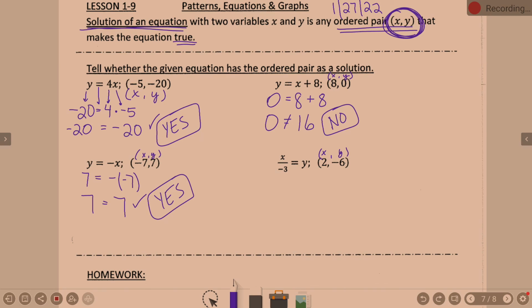What am I putting in for x? 2. 2 over negative 3 equals y, which is negative 6. False. Does 2 divided by negative 3 equal negative 6? No. That's negative 2/3. So does this work? No, and there's not even really any simplifying you can do to show that. It just doesn't work.